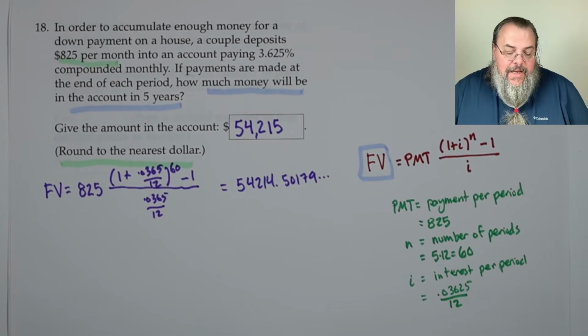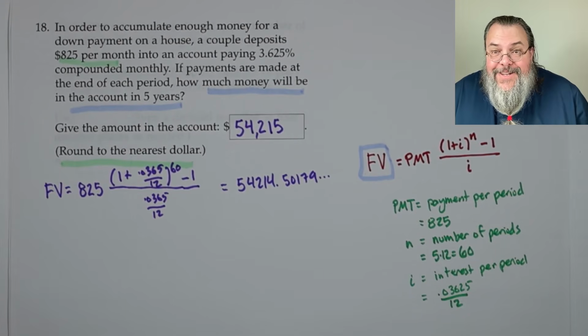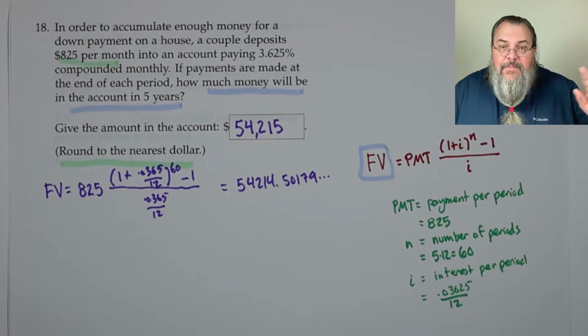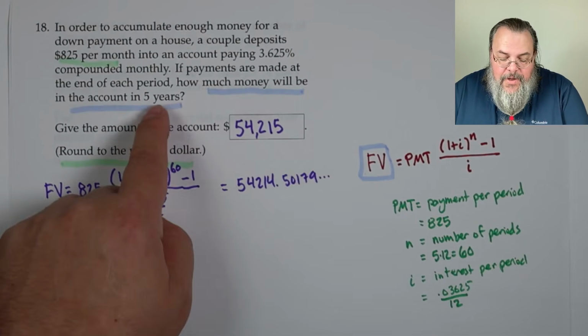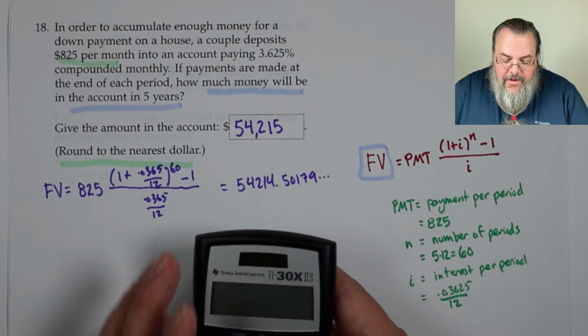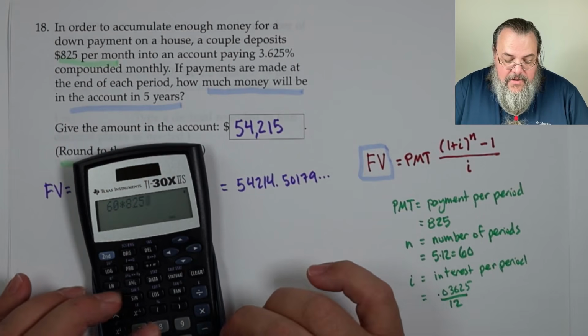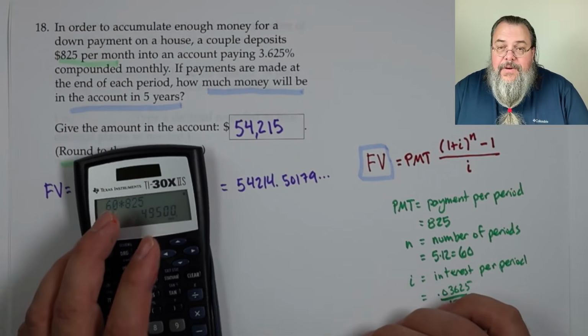One way you can ask if it's reasonable is to think, what if there was no interest at all? Let's just look at the money they put in. How many times did they put money in? Well, 60 times, because they're monthly for 5 years. So if there was no interest at all, you take 60 times 825, and you get 49,500.